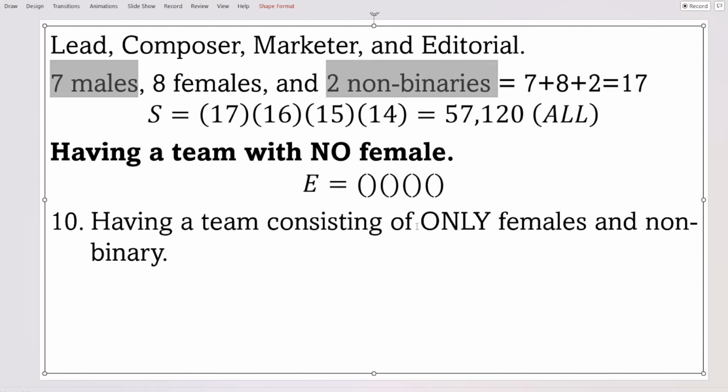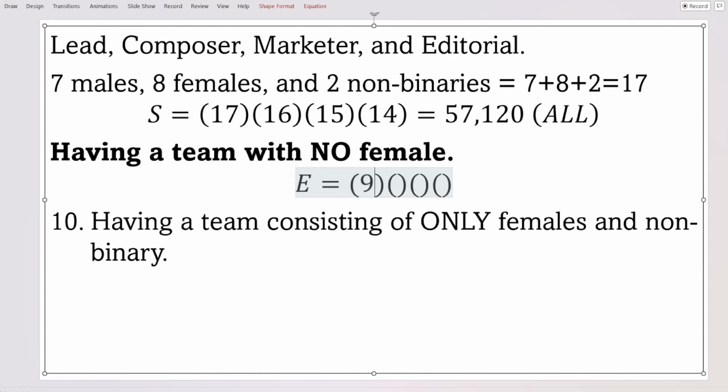So there are 7 males and then 2 non-binaries. That means 7 plus 2, we have 9 choices for the lead. Then, of course, we are decreasing because we assign one person per slot. So the second slot will only have 8. Then the next one will have 7. The next one will have 6. So 9 times 8 times 7 times 6.